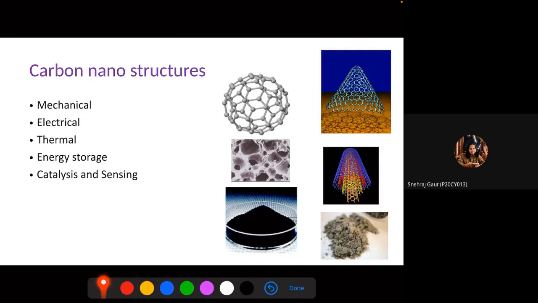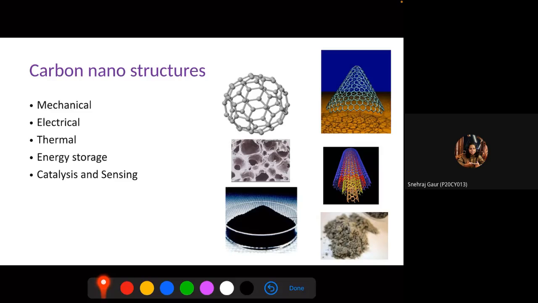You can use them in different fields: energy generation in solar cells, energy storage, catalysis, sensing. All kinds of things are possible. You can use them in agriculture, or for water filters. Many applications which were never thought about are actually being pursued with these different carbon nanostructures.